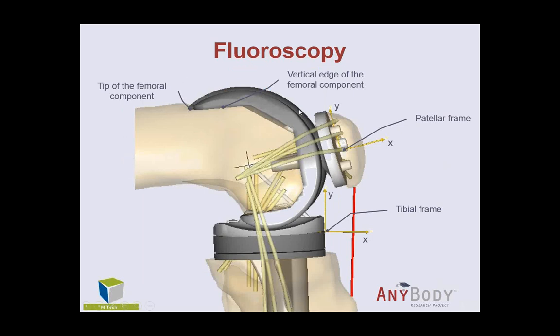We tracked the edge that's in this image vertical, or if it's full extension, the anterior part of the femoral component. We also track the frame on the patella, which has an axis aligned with the edge of the patella component. And then we attach the femoral frame here to the anterior part of the tibial tray.